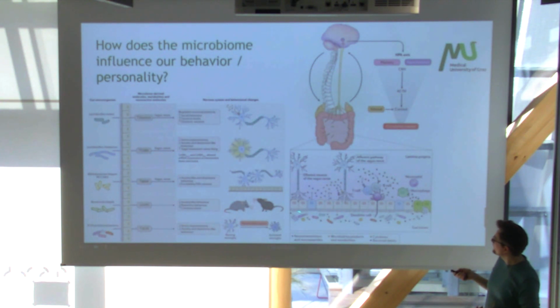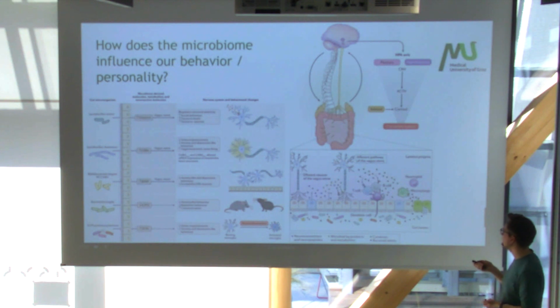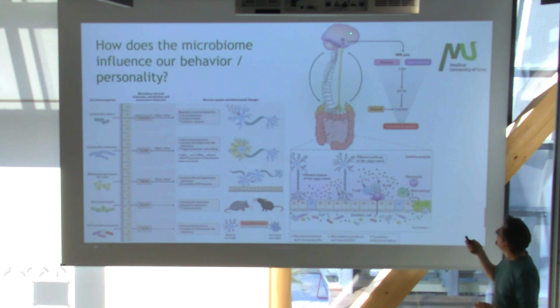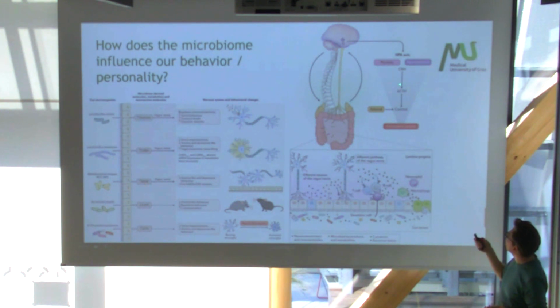So we have these metabolites, and the microbiome sits here in the gut and can interact through these neuroactive compounds with the vagus nerve, which is then connected to the hypothalamus and pituitary gland, through the activation of certain hormones. For instance, cortisol can be secreted, and this then acts back on the gut and on the microbiome. So this is really a feedback loop.